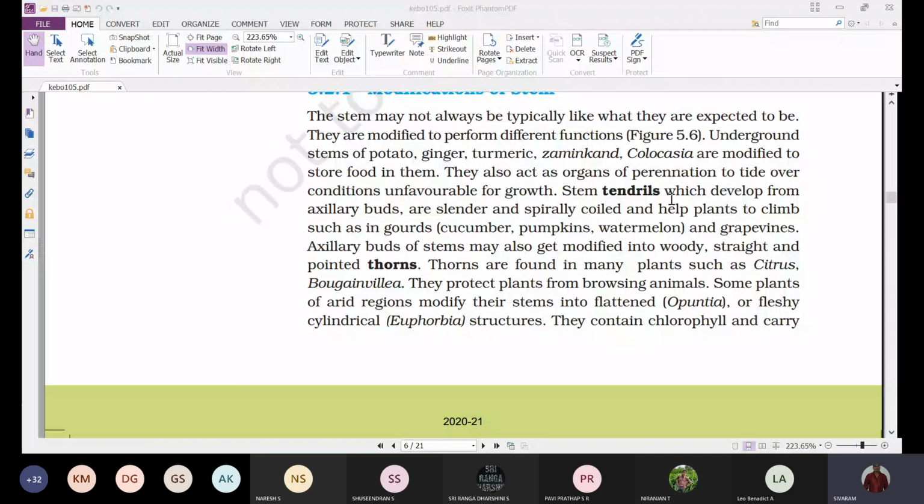So when the conditions are not favorable, the upper part of the plant might be destroyed, but the underground stem remains. And when the conditions are favorable, again the new plant will be developed from this underground stem. So it is helping the plant to grow for many years. That's why we are calling it perennation.